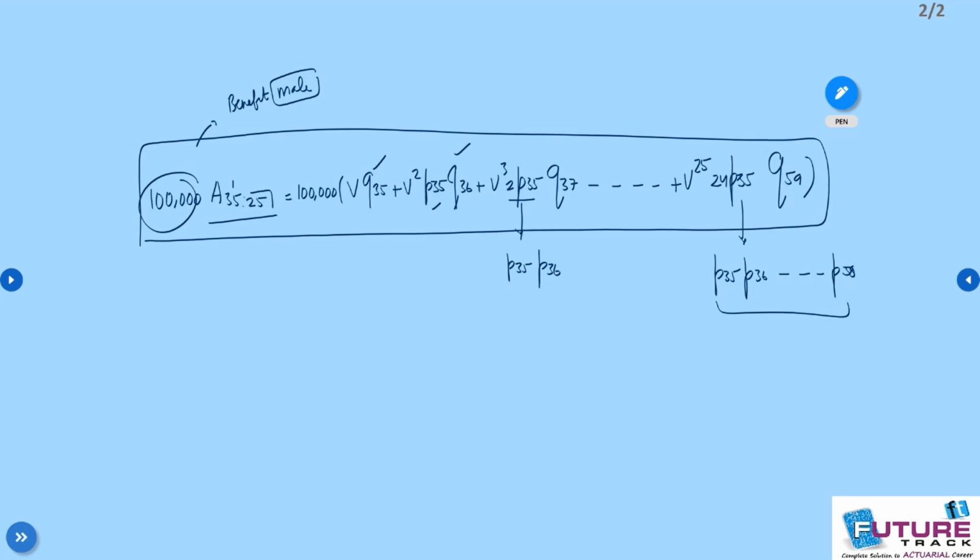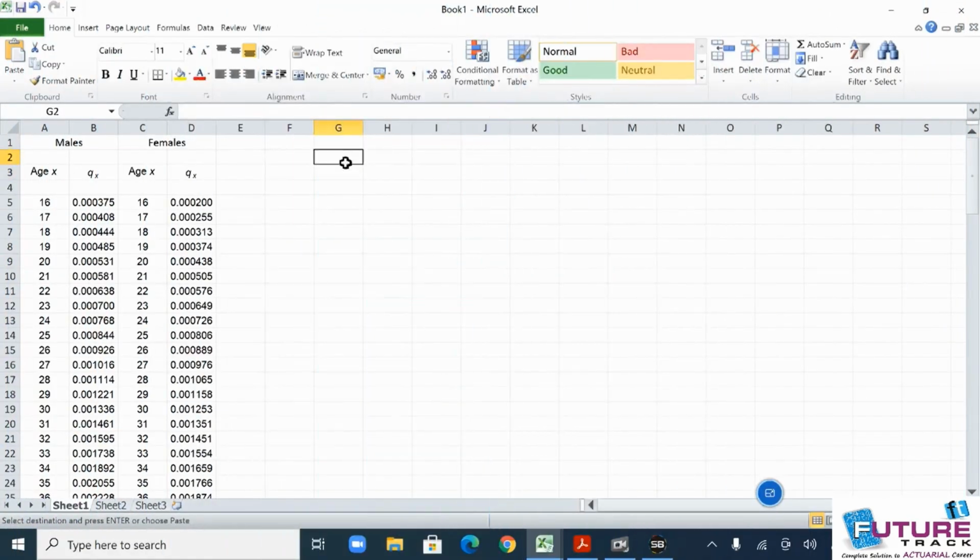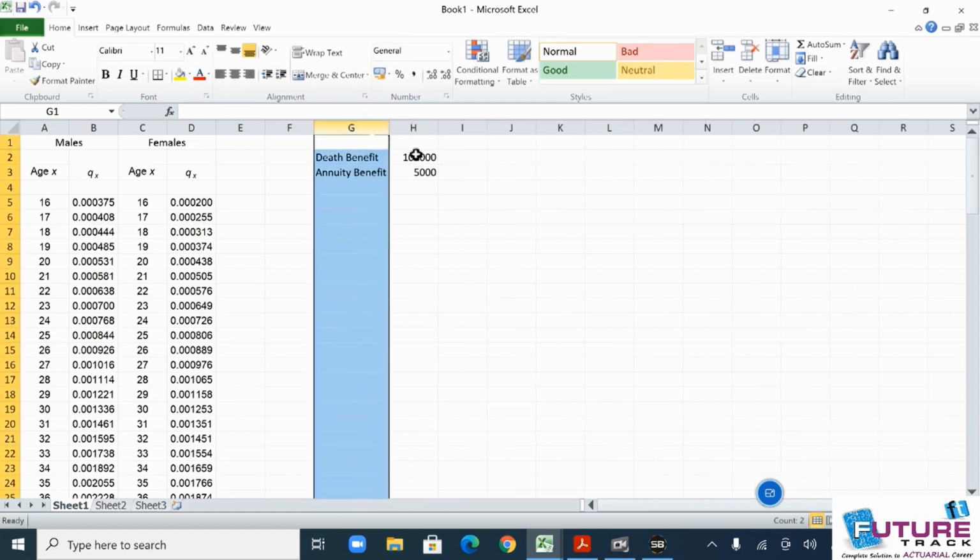So class, let's make a table first. Let's write the sum assured death benefit, which is 1 lakh. Annuity benefit is 5,000, right? Then class, my interest rate is given as 5%.